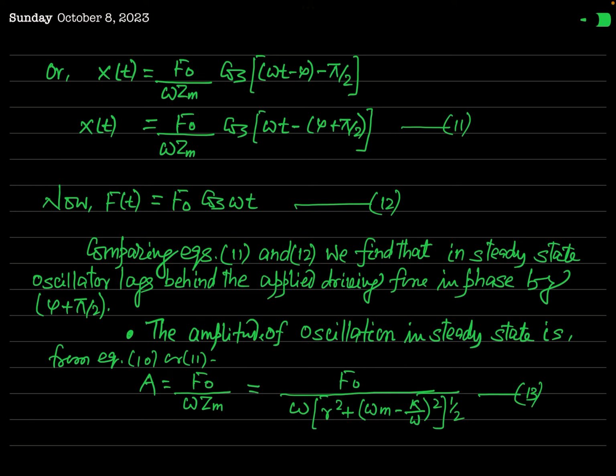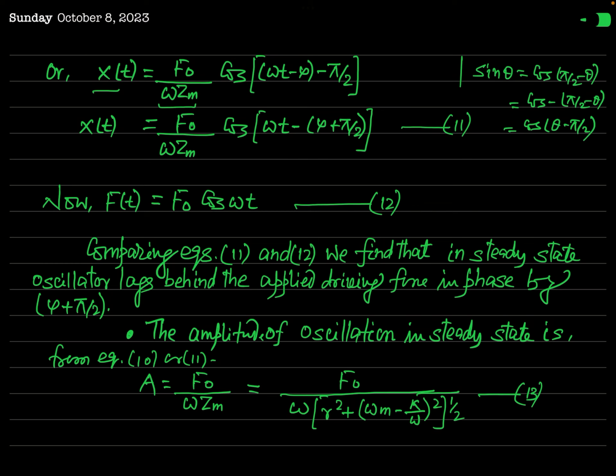Now x of t can be written like this. This is f naught over omega Zm, and you know that sin theta is equal to cos pi by 2 minus theta, or you can also say that this is cos minus pi by 2 minus theta, and this is cos theta minus pi by 2, because you know cos minus theta is also equal to cos theta.